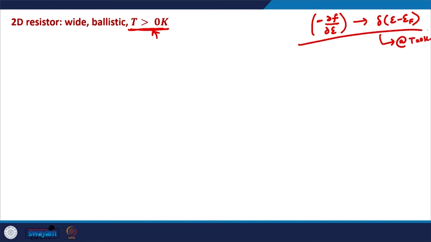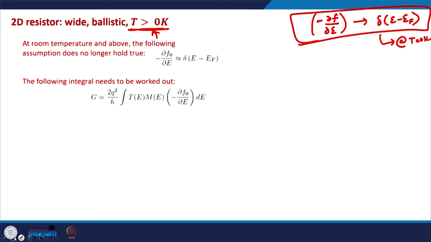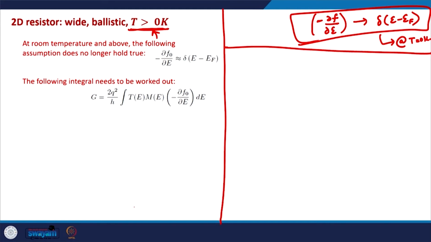So, now this needs to be explicitly calculated, and this becomes one of the main things to do in these calculations. Again, in order to calculate the resistance of a 2D resistor at room temperature, let us say, we start with the formula of the conductance, which is 2q square by h integration of T(E) M(E) minus del f by del E dE.